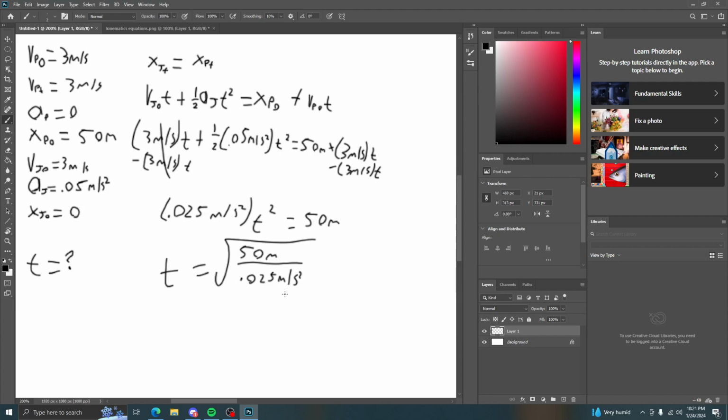And the meters here would cancel out, and then the s squared would go on top here. And then because it's under a square root, it would just become an s. And so we know that it's in seconds, so that reinforces my confidence in this answer.